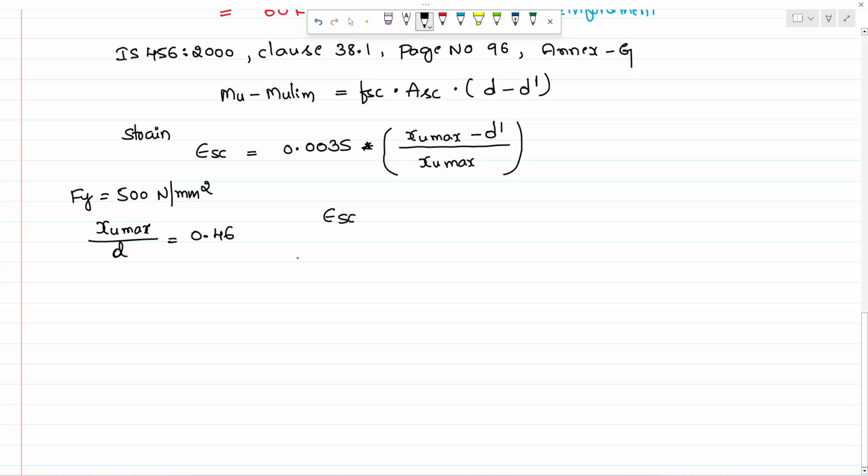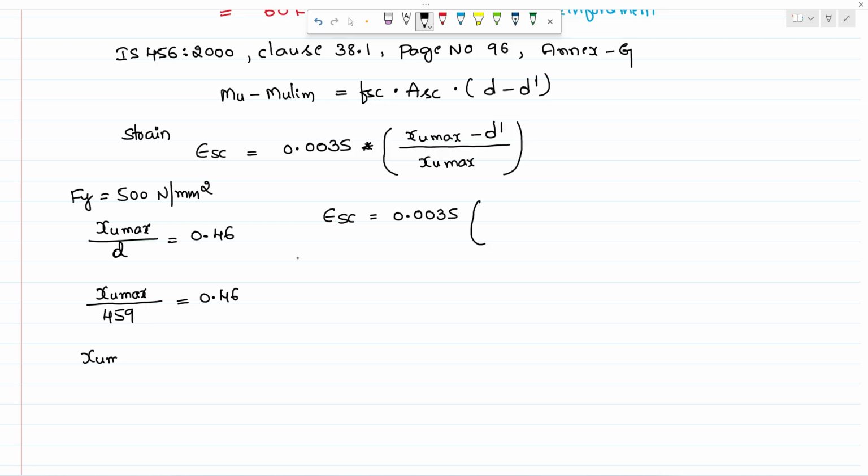So Xu max divided by d, where d is the effective depth 459, equals 0.46.